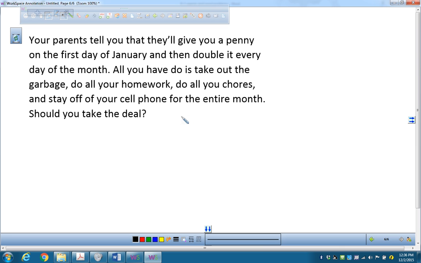So this can be modeled by the formula a sub n is equal to, what's the first term? If they give you a penny on the first day. 1. What's my multiplier? 2. Okay. Raised to the n minus 1? N minus 1 or raised to the n? 1 times 2 raised to the n minus 1. Right? Okay?